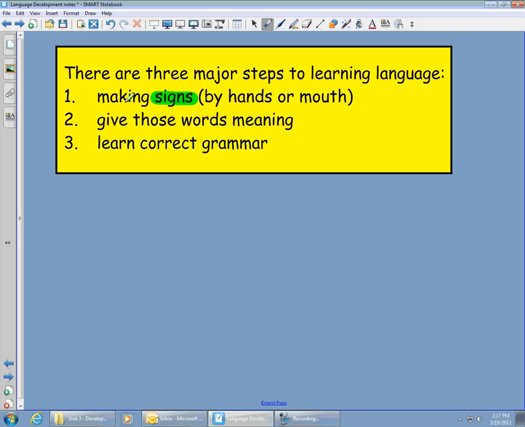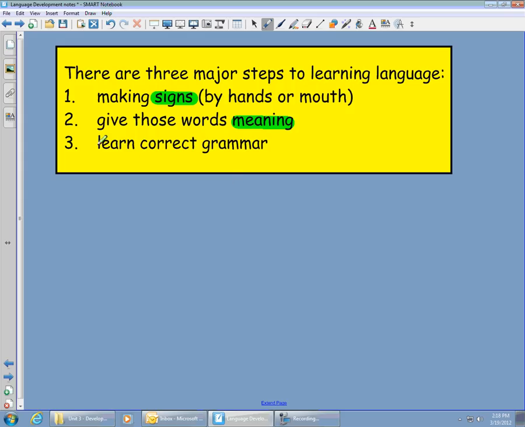We're making some kind of sign that represents some idea or something. The next step is to give those signs or words meaning so that when I'm pointing to a computer, we both call it by the same name.